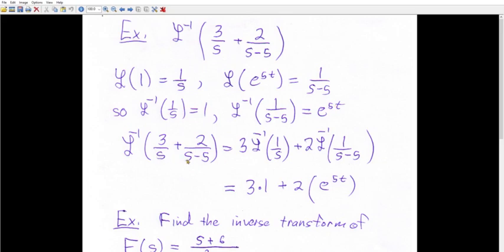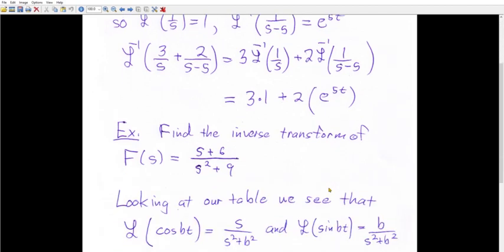To inverse transform this more complicated expression, we use linearity. We get 3 times the inverse transform of 1 over s plus 2 times the inverse transform of 1 over s minus 5, and that's just 3 times 1 plus 2 times e to the 5t.